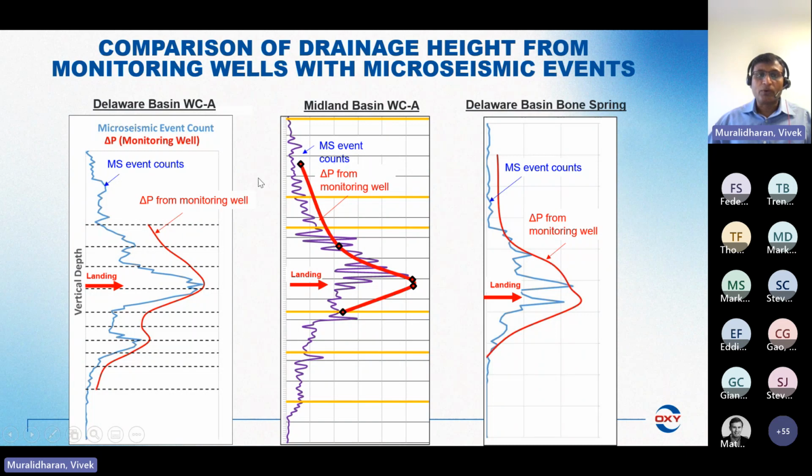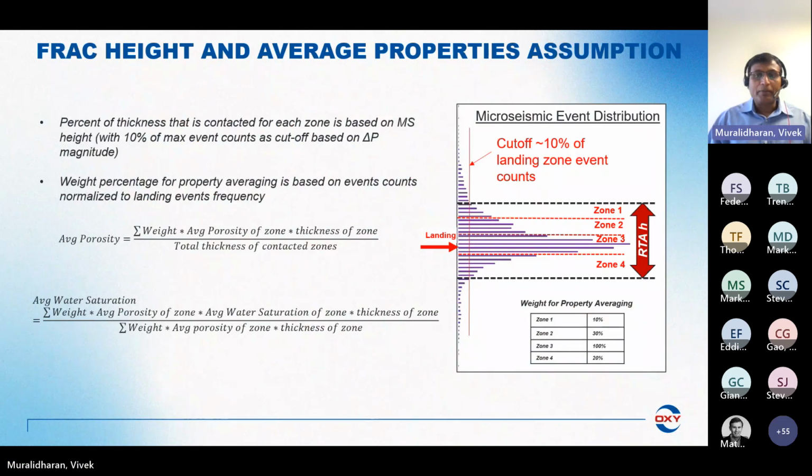So there is an impressive correlation that we found: we can still use microseismic as a proxy for understanding the vertical height. Of course, there's going to be some cutoff that we have to apply, because you are going to be seeing a huge height if you are using every event in the microseismic. So for that, we came up with a workflow. Based on the monitoring wells and the microseismic event counts, we used a cutoff of about 10% of the maximum event counts.